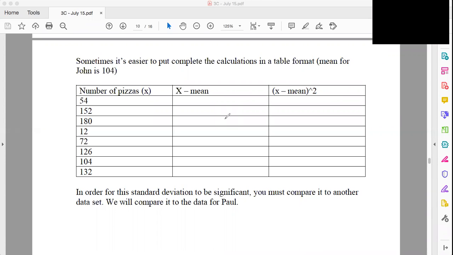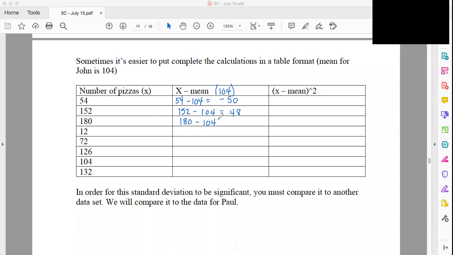The mean for John is 104. So what we do is take the number of pizzas, take away the mean, which is 104. So you do 54, take away 104. You do 152, take away 104, which gives us 48.